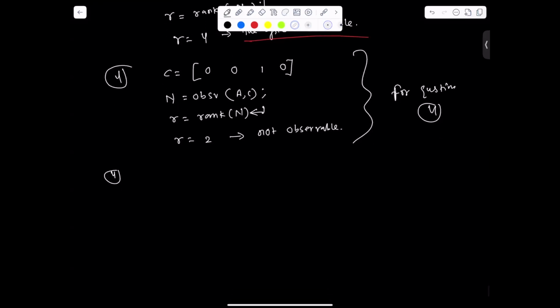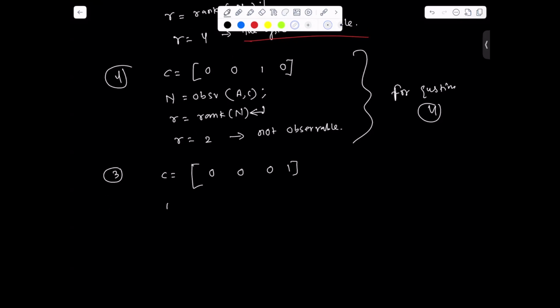So according to question number 4, C is equal to 0, 0, 0, 1.